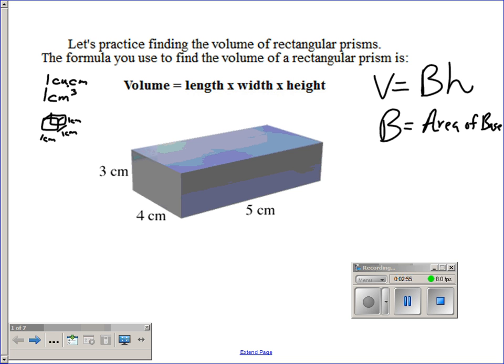So that's the formula we're going to use. We're going to get away from using length times width times height and find area of the base times the height, because that's our formula. Does length times width times height still work? Because you know what? For a rectangular prism, our big B is equal to length times width. For a rectangular prism, that's true.